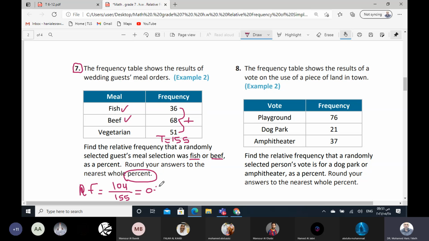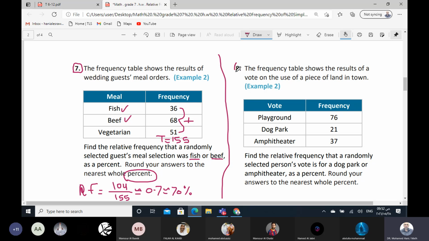This is as a decimal, and about 70%. Who has any question here? No, Mister. No questions, Mister.